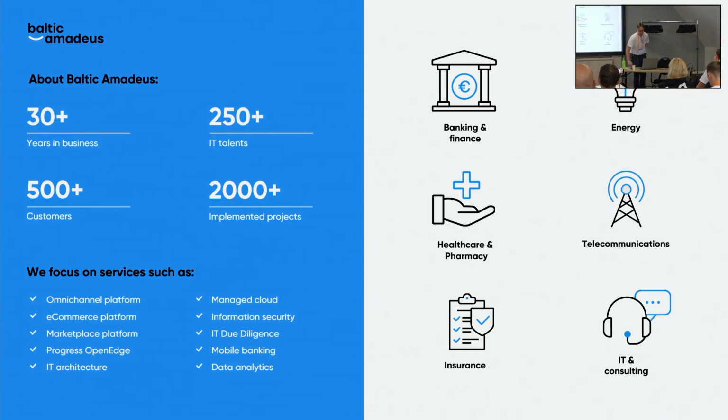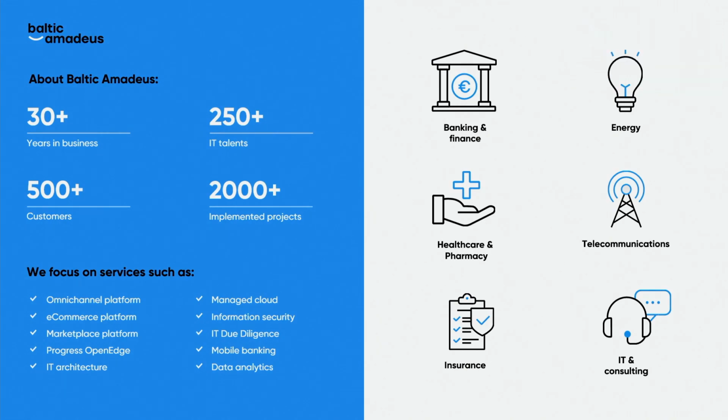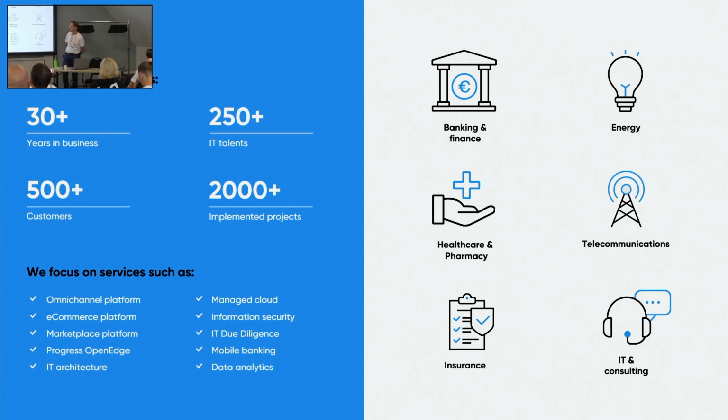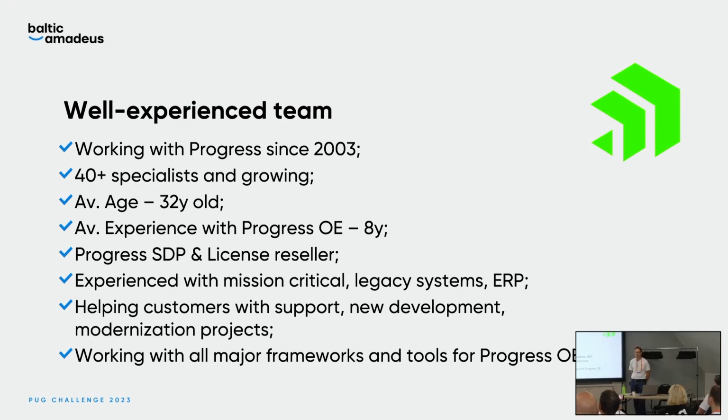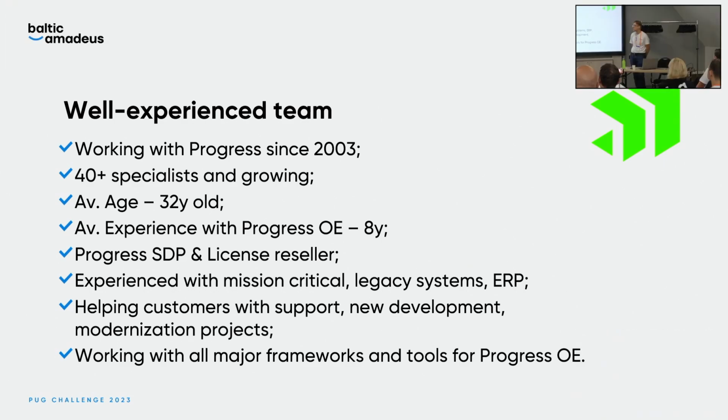So the company which I've come from is called Baltic Amadeus. In a week, it's going to turn 35 years. We have over 250 IT talents, and we have projects all across Europe and outside, across the Atlantic Ocean. And since POG is about Progress OpenEdge, our Progress unit has been working with Progress since 2003.